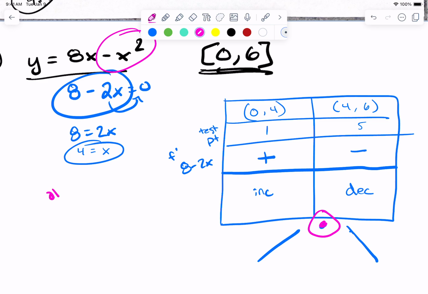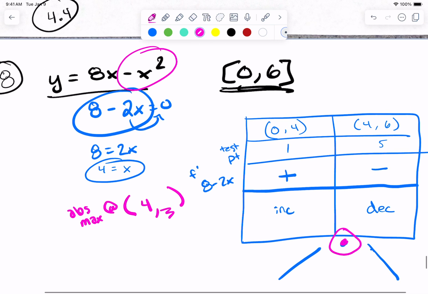So I have an absolute max at 4 comma something. We got to find that something, so we plug him into the original. 8 times 4 is 32 minus 16, 16. So 4 comma 16 is my absolute max.